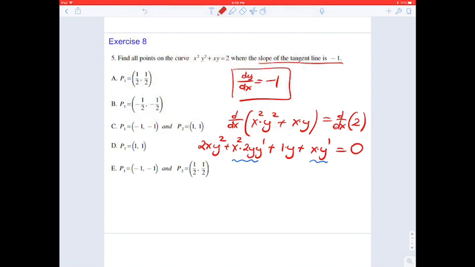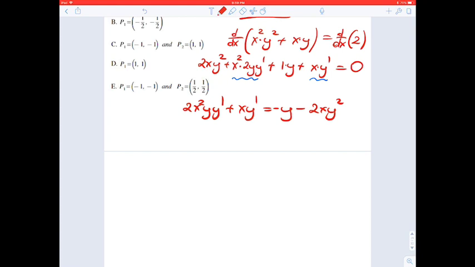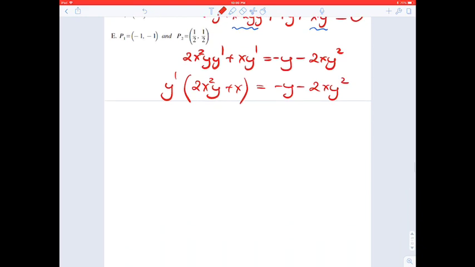I will keep 2x squared y y prime and x y prime, and I will subtract y and 2x y squared from both sides. Let's factor out y prime: 2x squared y plus x, equals negative y minus 2x y squared.